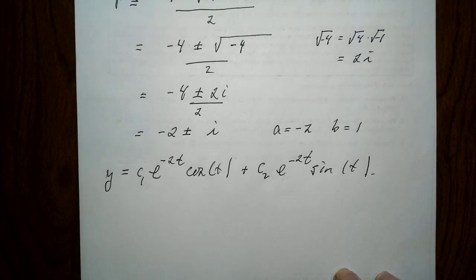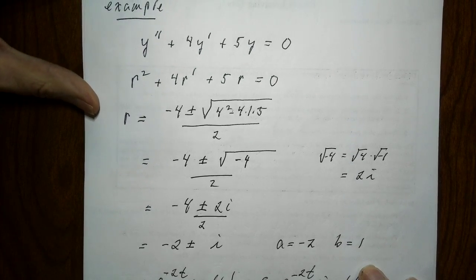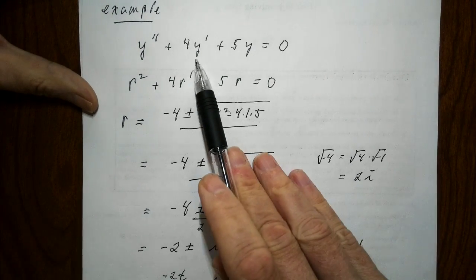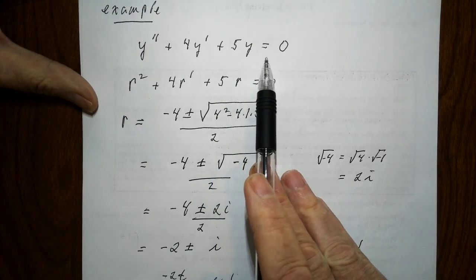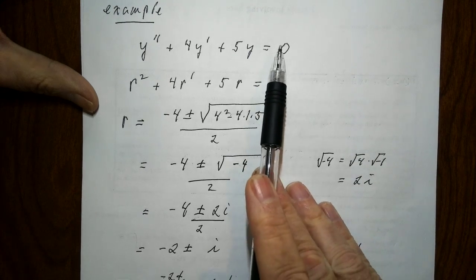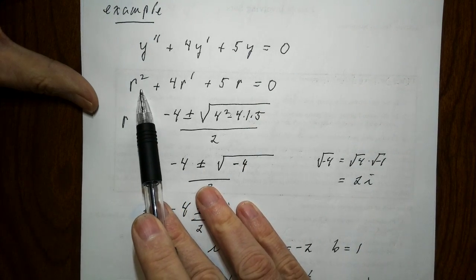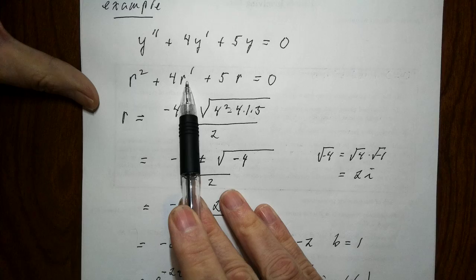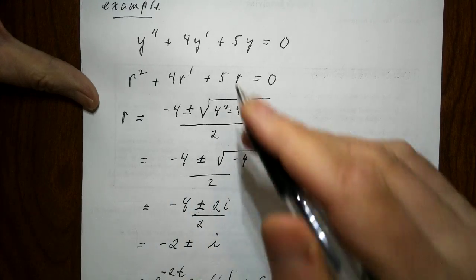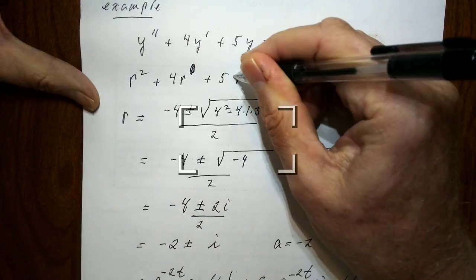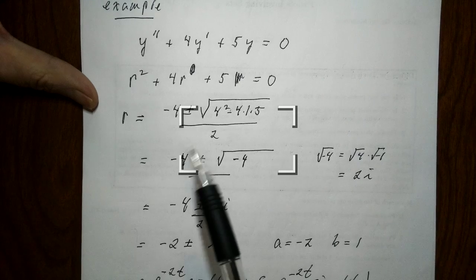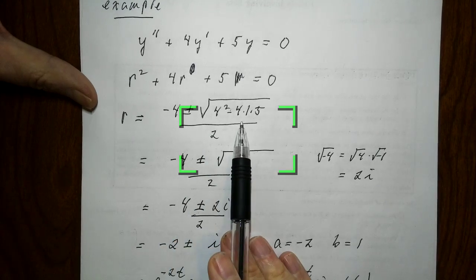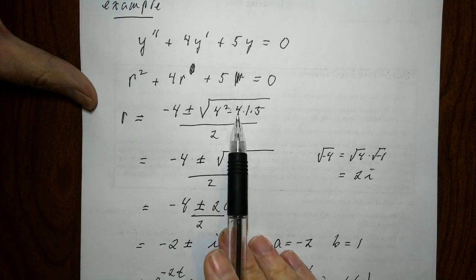So let's take a look at an example. y double prime plus 4y prime plus 5y equals 0. So this is homogeneous. The characteristic equation is r squared plus 4r plus 5 equals 0. And if we solve for r, this is one of those situations where we need to use the quadratic formula.